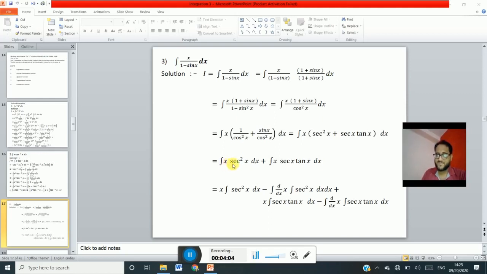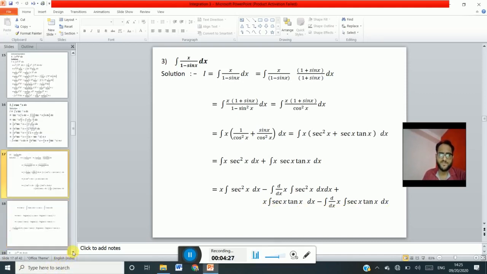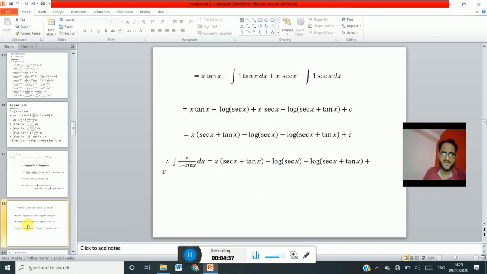Here x is algebraic and the other is trigonometric, so x is the first function: integration of second minus integration of derivative of first into integration of second, right? Plus here also the same. Both integrals can be solved simultaneously, or if you are confused, consider I1 and I2, solve separately and then substitute in this equation, right? Either way is correct.